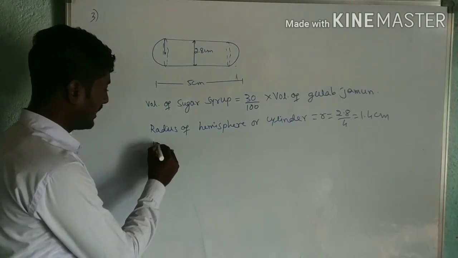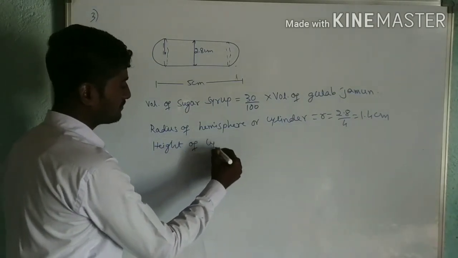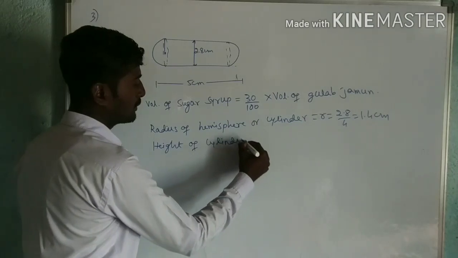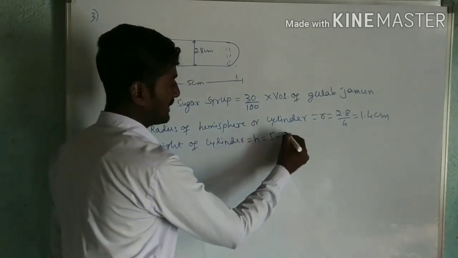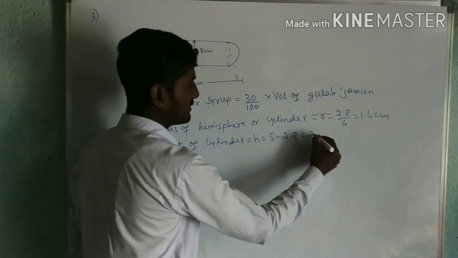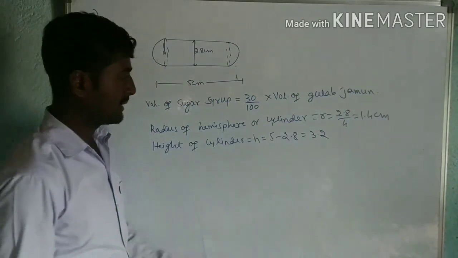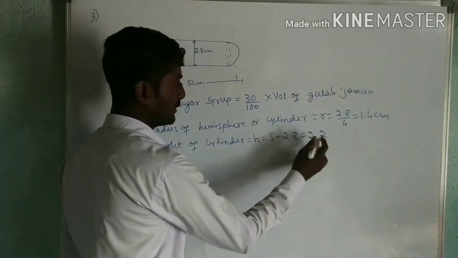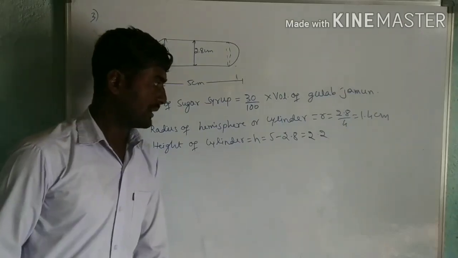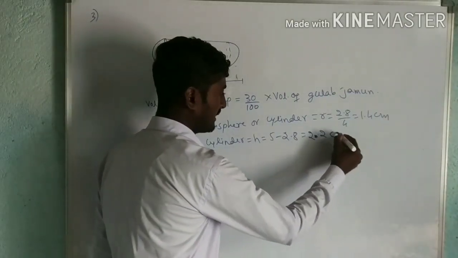So h equals 5 minus 2.8, which is 3.2, am I right? Not 3.2, it is 2.2 centimeter.